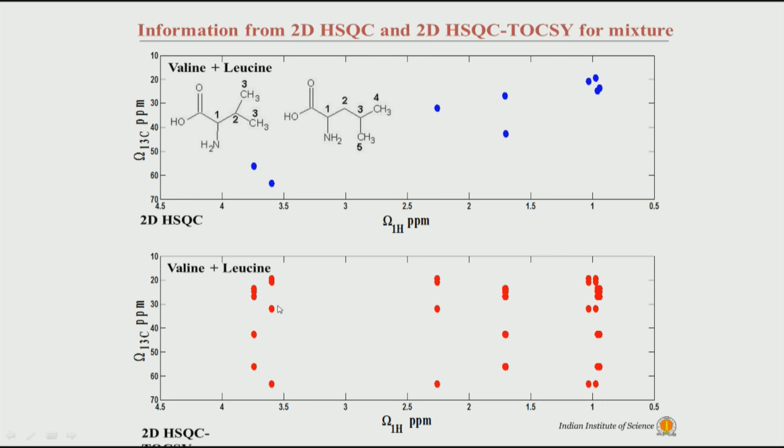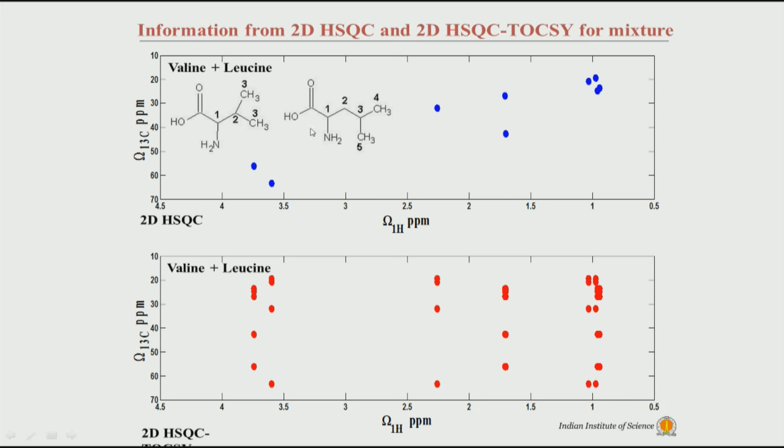Here you see all the peaks which belong to one amino acid will be denoted as a spin system, and they will show chemical shift correlation with each other, but they will not show any chemical shift correlation with another amino acid, because that amino acid is a completely different spin system.